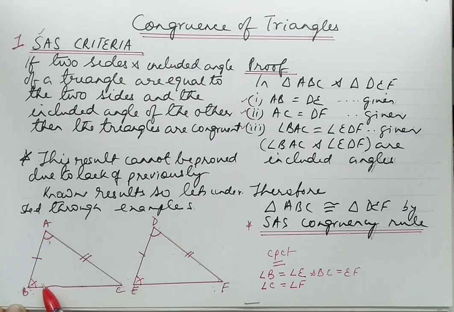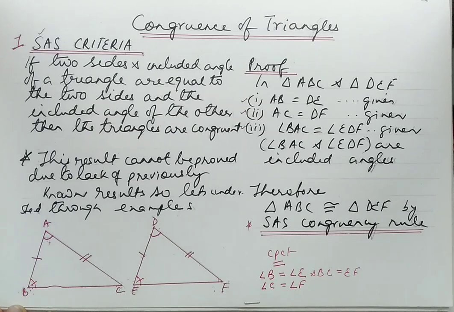Why? Because the side AC is looking at this angle, and DF is looking at this angle, so they ought to be equal.